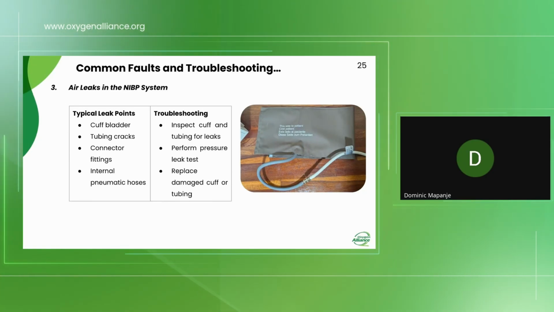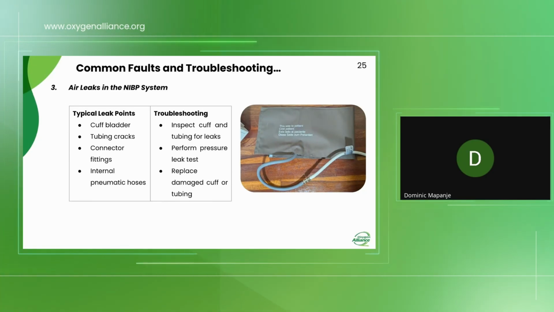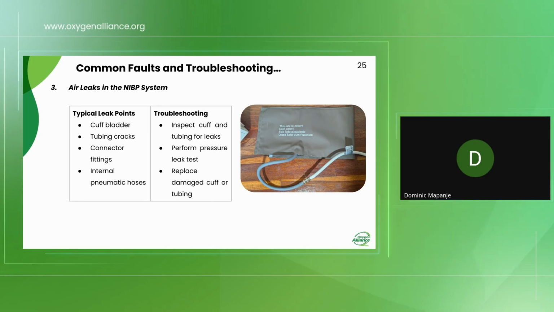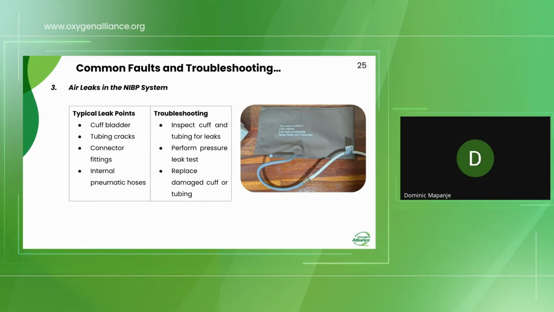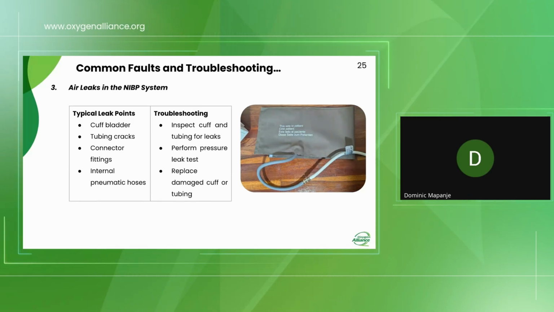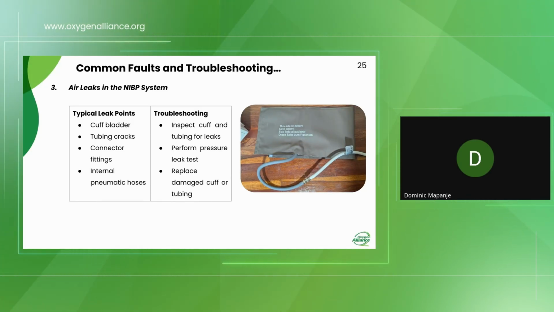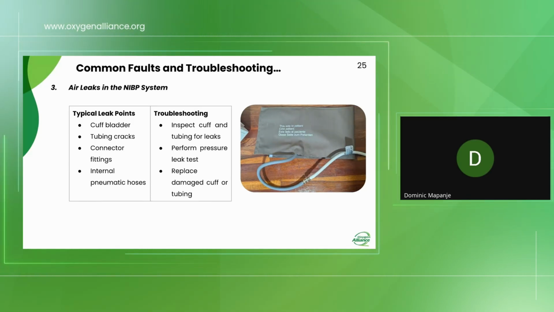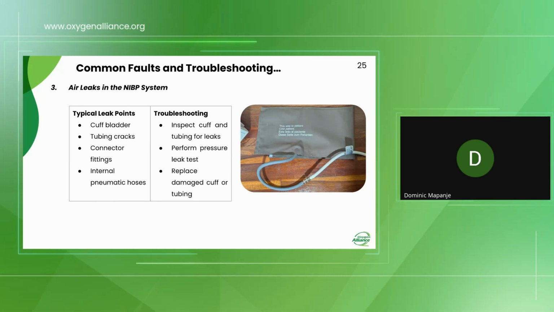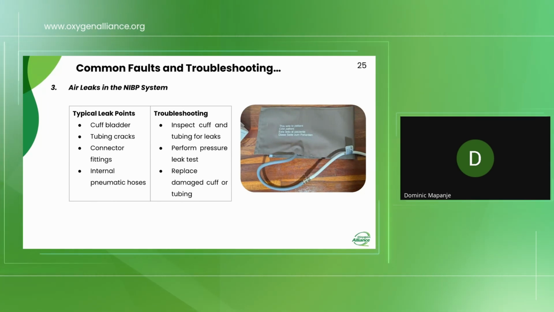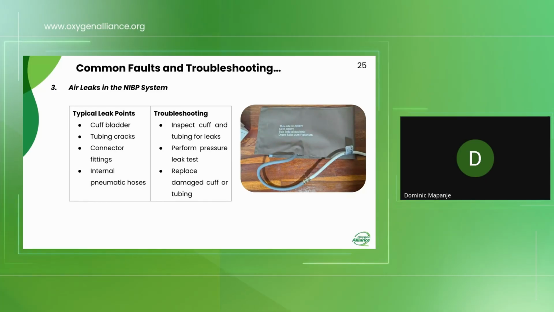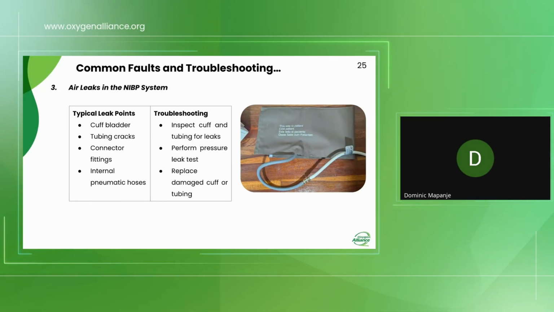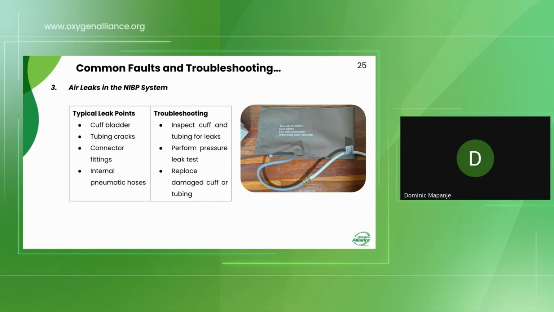For this, you will see slow inflation of your cuff, or the measurement is aborted. It also shows an error on the monitor, such as a loose cuff. It can give inaccurate pressure readings. So how do you troubleshoot these things? You visually inspect your cuff for any cracks, and then you test for leakages.